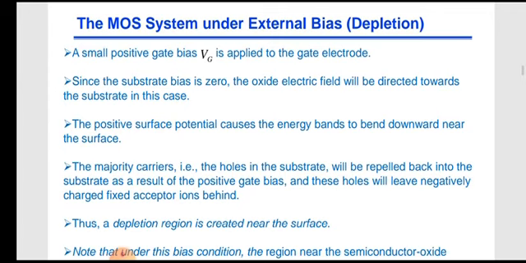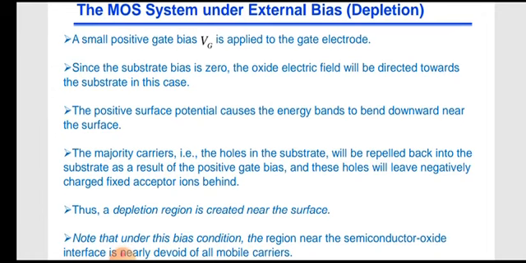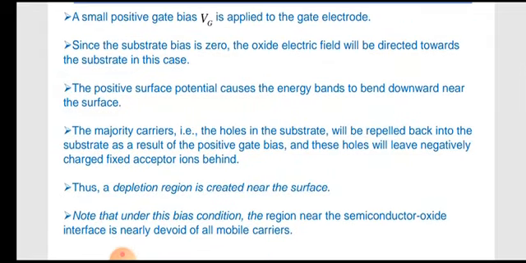Since the substrate bias is 0, as VB is equal to 0, the oxide electric field will be directed towards the substrate in this case, because we applied the positive voltage here. The positive surface potential causes the energy band to bend downward near the surface.